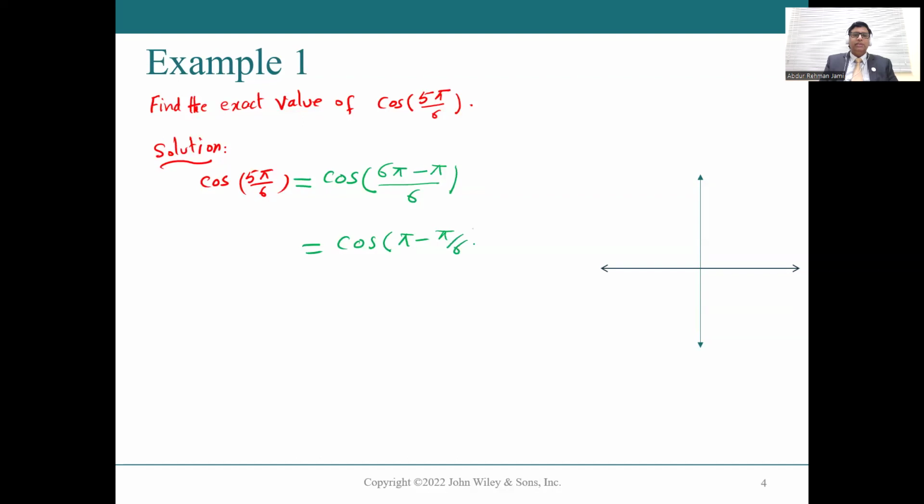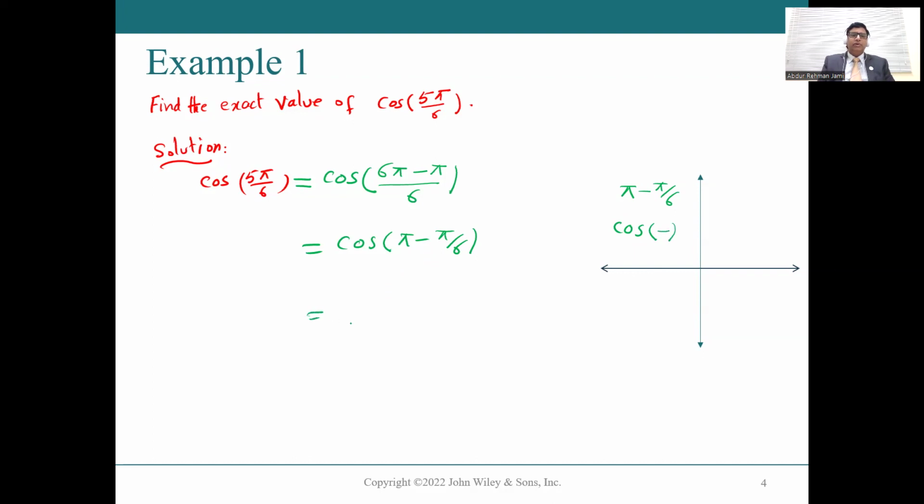This angle is less than pi when you subtract something. So it must be in quadrant number 2. So pi minus pi over 6 is here. And we have to check the sign of this cosine function in this quadrant. And we know cosine in quadrant number 2 is negative.